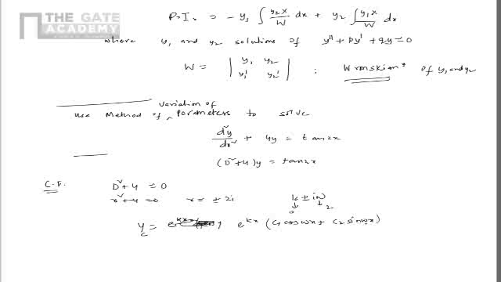This was the complementary function when the roots are complex. So e power 0x into c1 cos 2x plus c2 sin 2x. Since e power 0 is 1, you get c1 cos 2x plus c2 sin 2x. This is your complementary function.